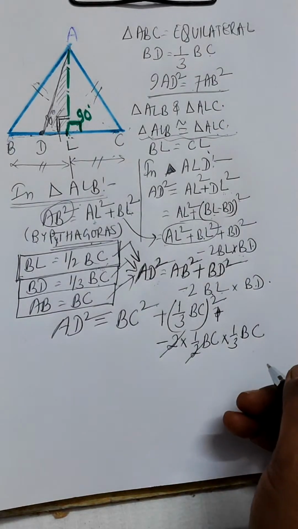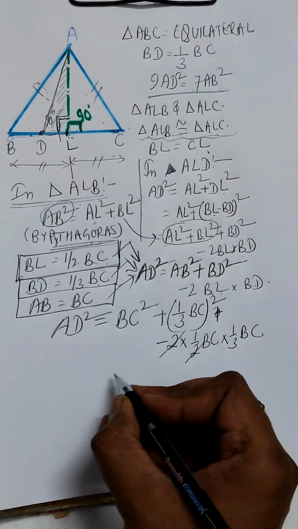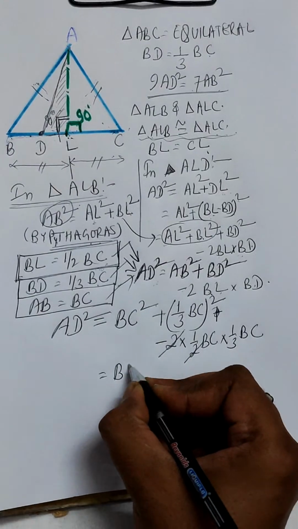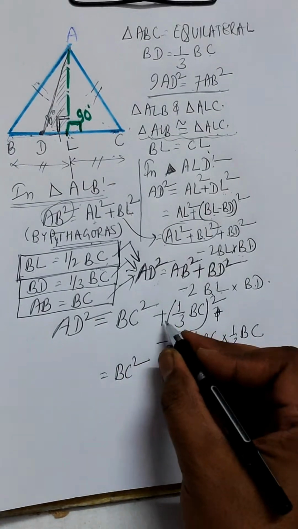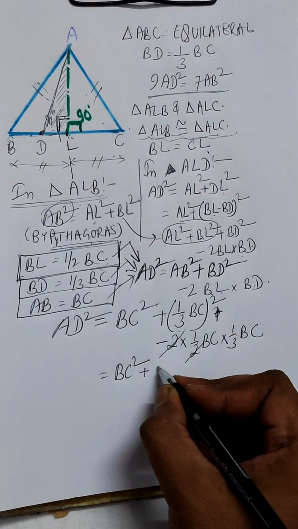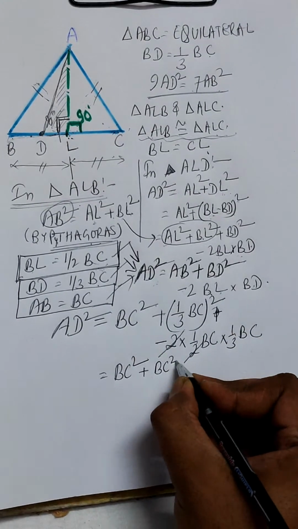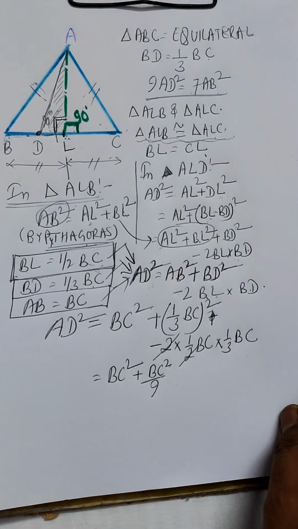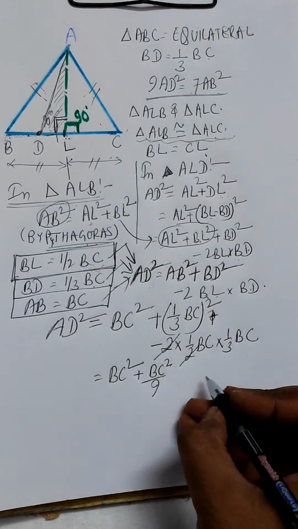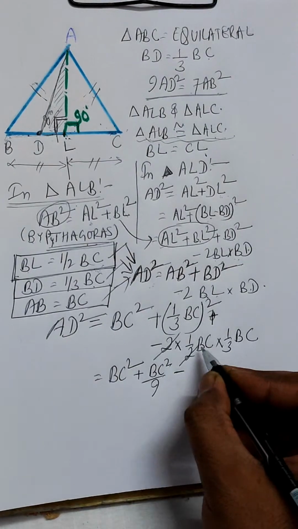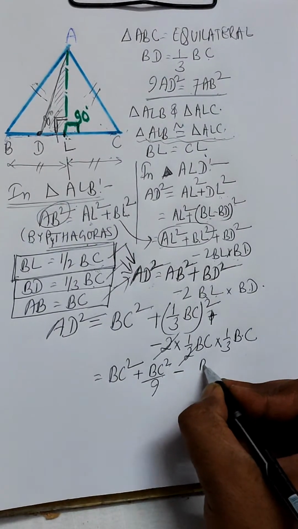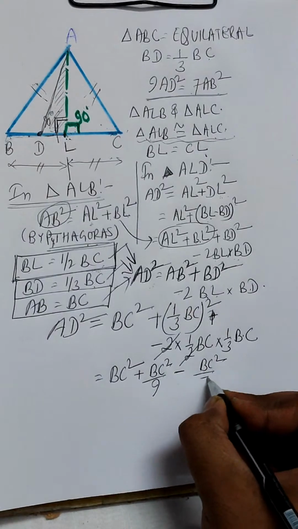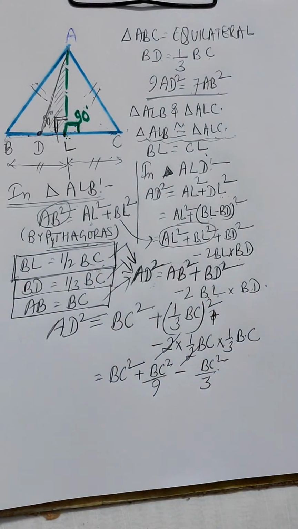Now we are left with BC square plus BC square by 9, because it's BC by 3, so it will be BC square by 9, right? Minus BC into BC, that is BC square by 3, right?